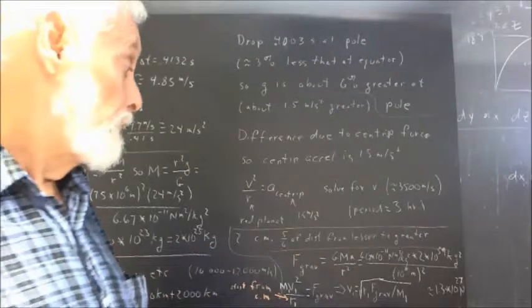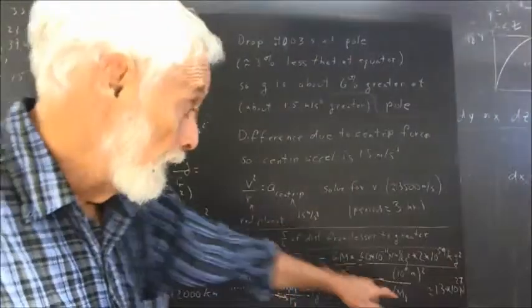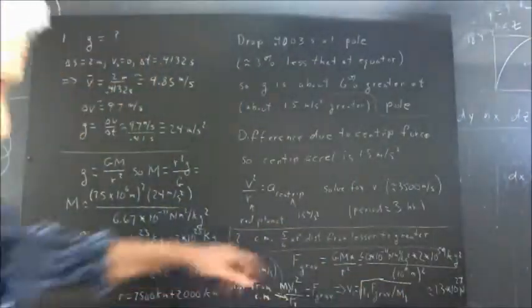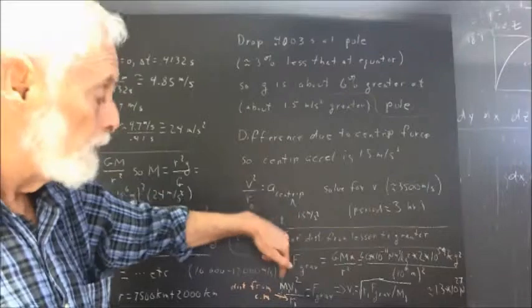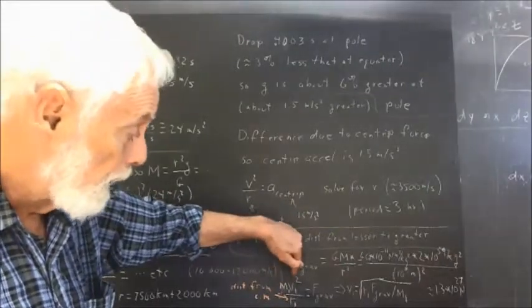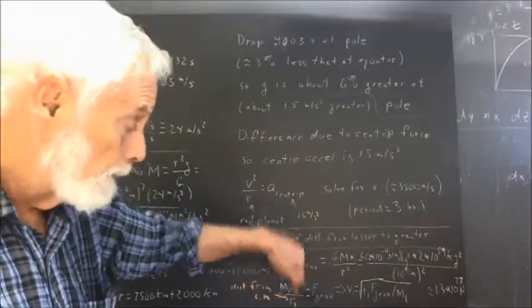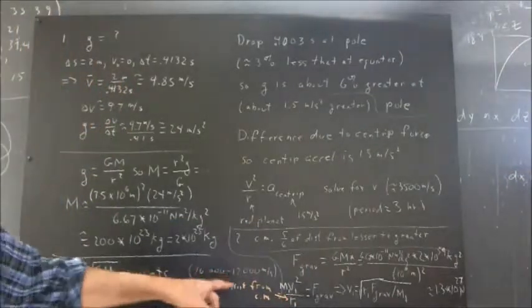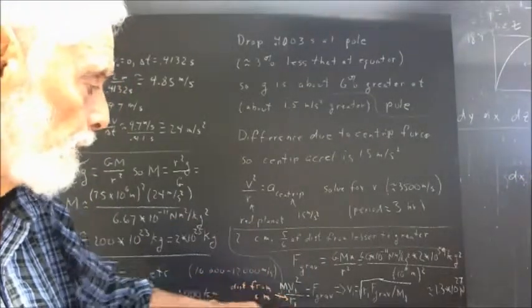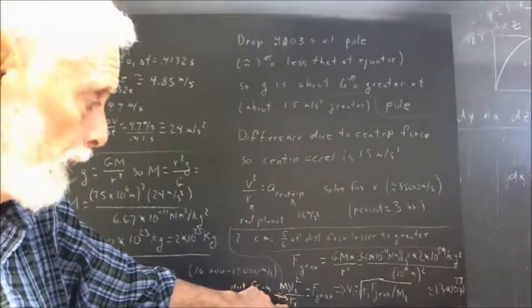The m1 wasn't in this equation and it's all of a sudden here, but we're setting force equal to force, so we have to multiply the mass of the planet by the centripetal force, v squared over r.